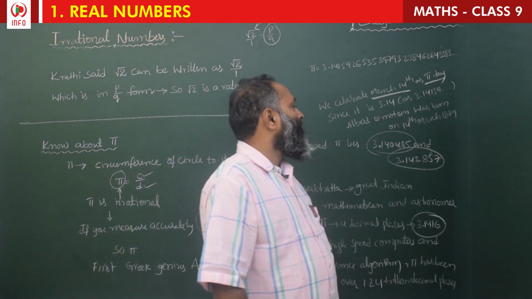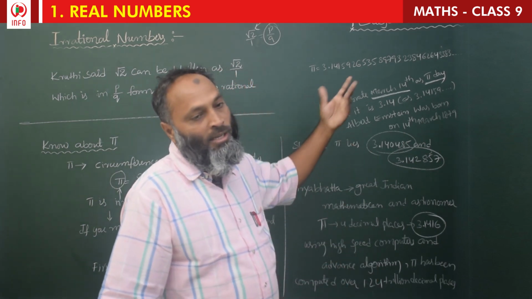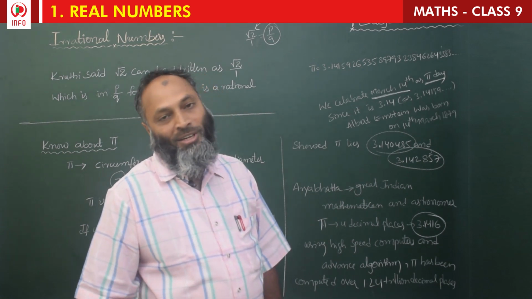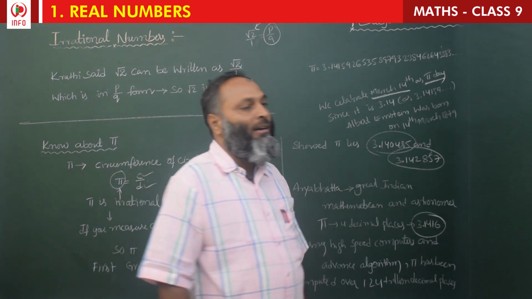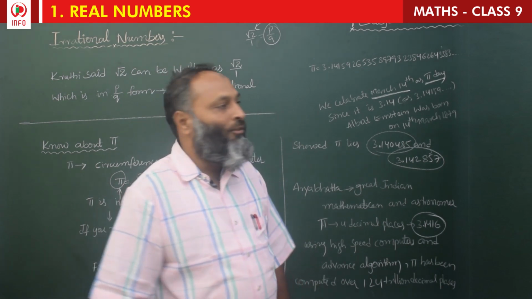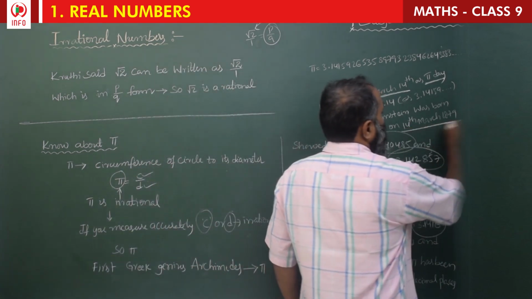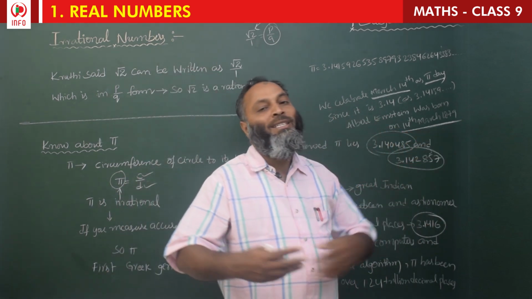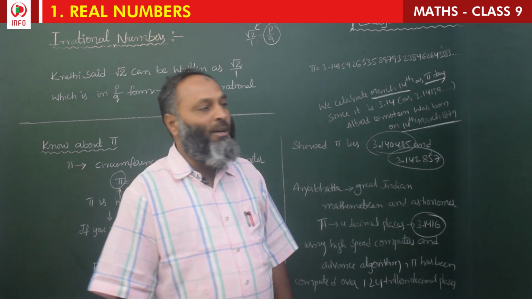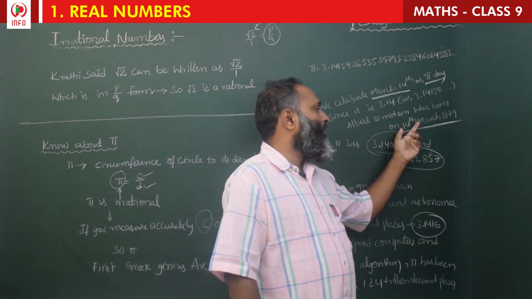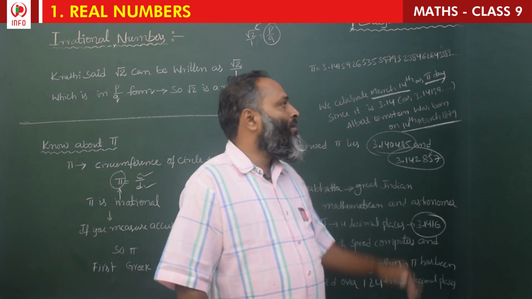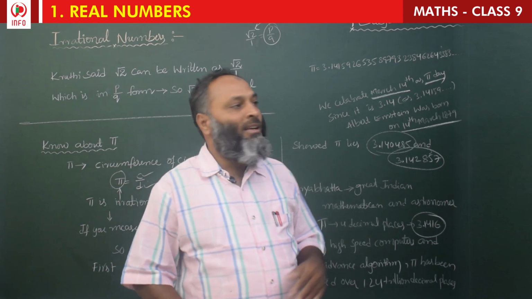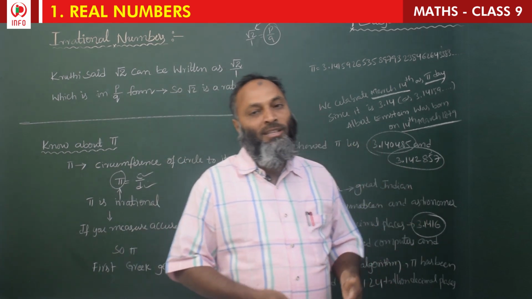So, we can say Albert Einstein was also born on 14th March only, 14th March 1879. It does not mean that he was born on 14th March and that is why we celebrate Pi Day.